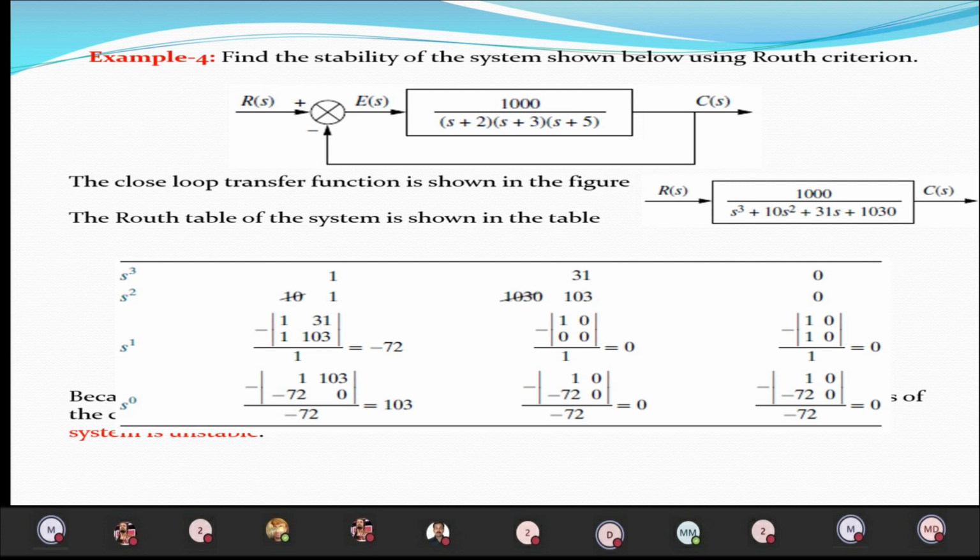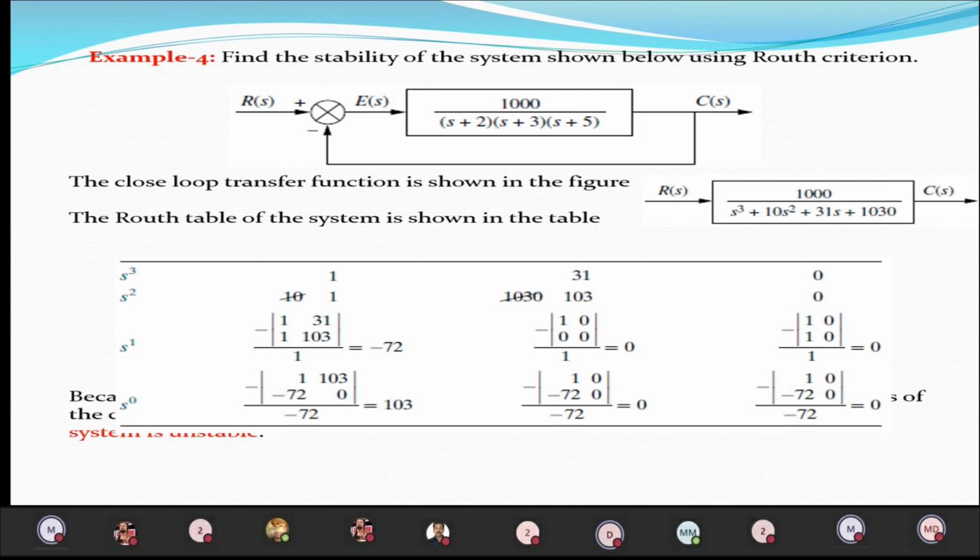Whenever the open loop transfer function is given with unity feedback, first determine the closed loop transfer function C(s)/R(s), that is numerator divided by denominator plus numerator into H. You determine the characteristic equation from the denominator of the closed loop transfer function only.